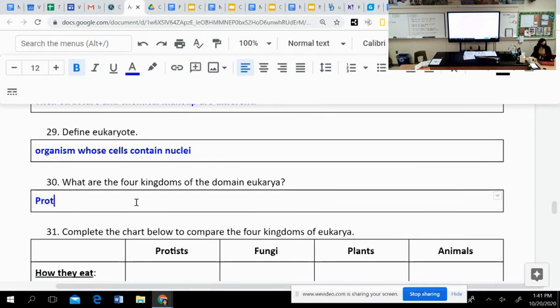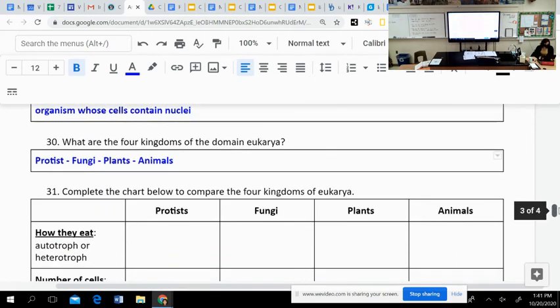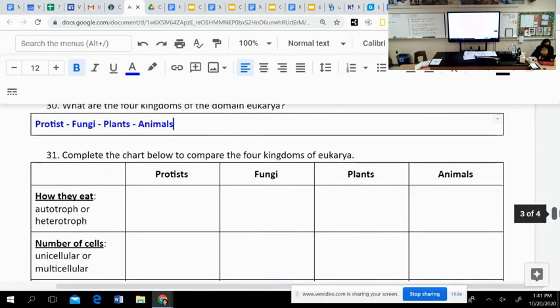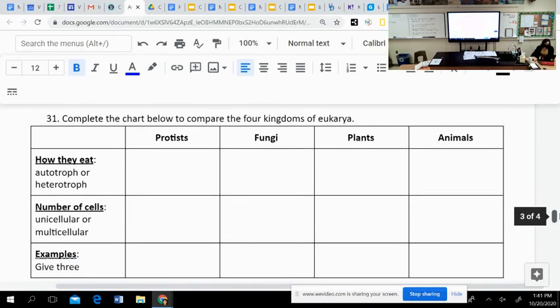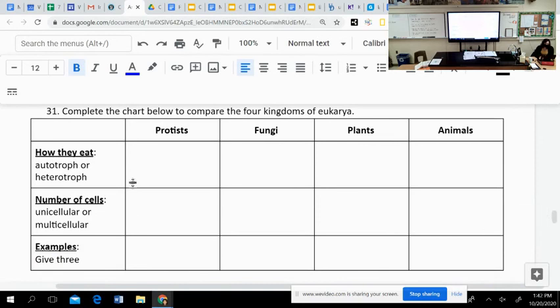So they are protists, fungi, plants, and animals. And then our chart, you are comparing those 4 kingdoms of eukarya. So how they eat, whether they're autotrophic or heterotrophic, they could also be both. Number of cells, unicellular, multicellular, or both, and then you had to give examples.